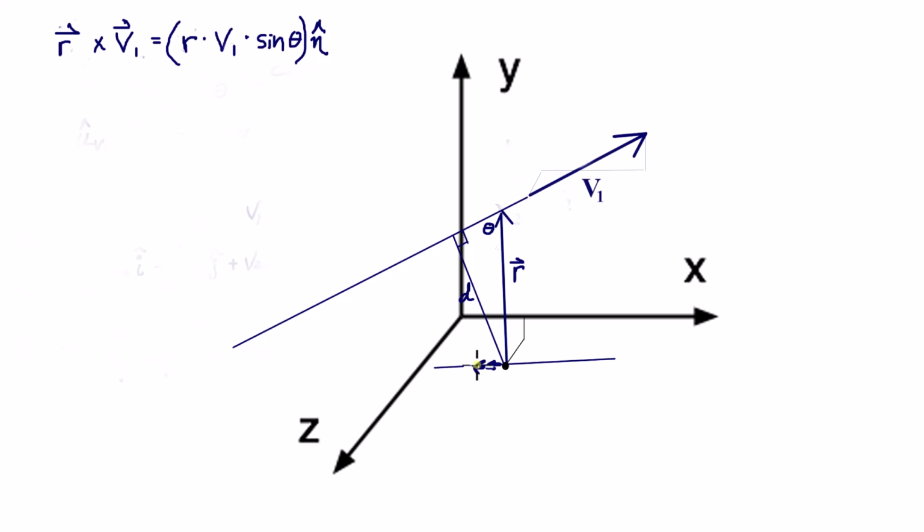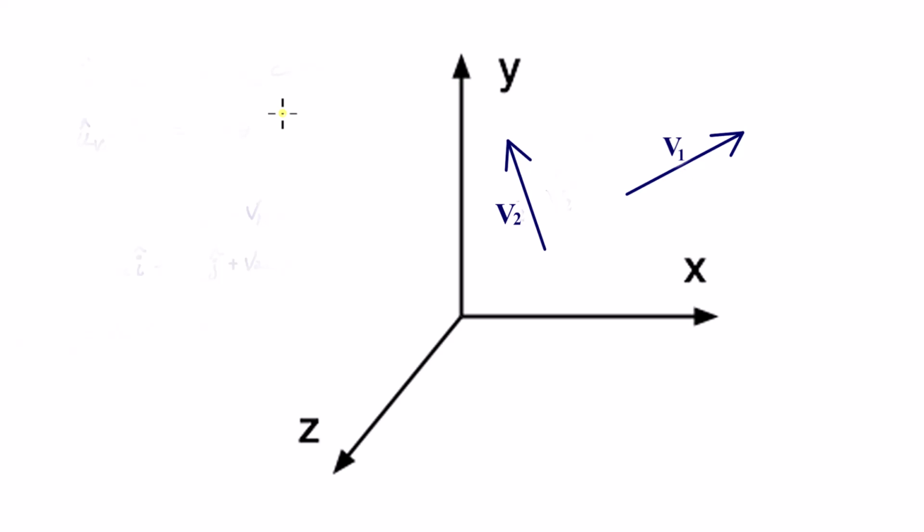So you know the direction of rotation, and the magnitude of that tendency to cause rotation, V1 times D, is this. If V1 were pointed in the opposite direction, you'd get the same magnitude, but you'd be rotating in the other direction. So that shows you what the cross product is used for and why it's a vector: because rotations, tendencies to cause rotations, and actual rotations have both magnitude and direction.